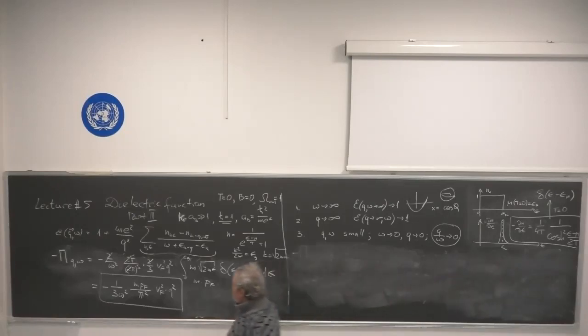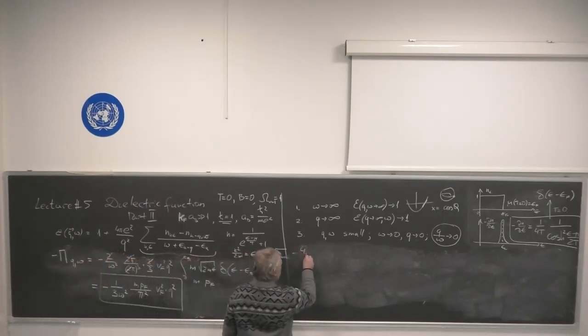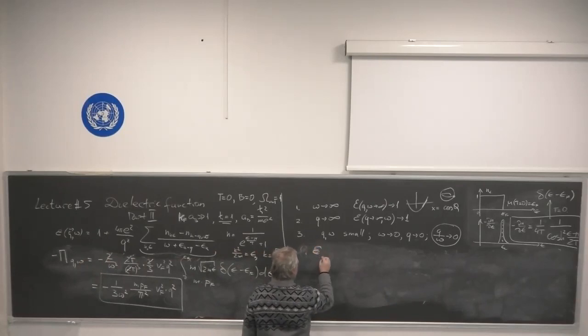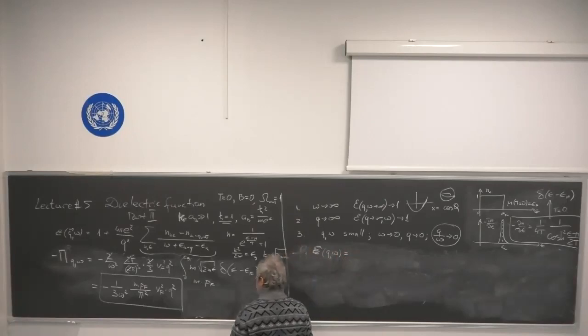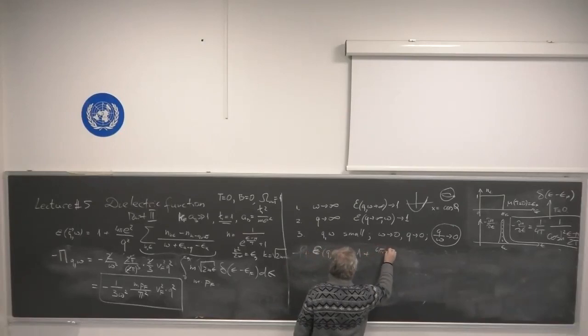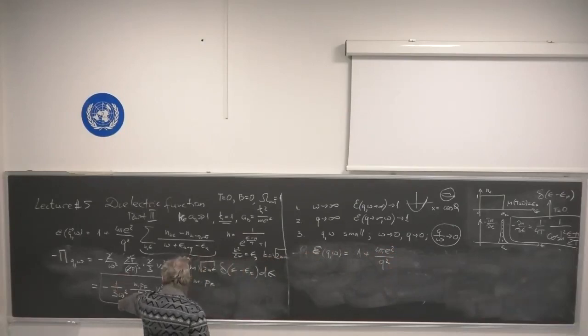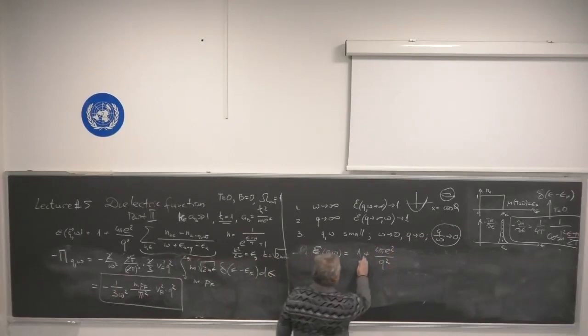Okay, I'm plugging in everything here. So property number 4, property number 3. Epsilon, curly epsilon, q omega is equal to 1 plus 4 pi e squared over q squared. So this function, you remember, is minus polarization operator. Minus polarization operator gives me minus. So I put minus here.